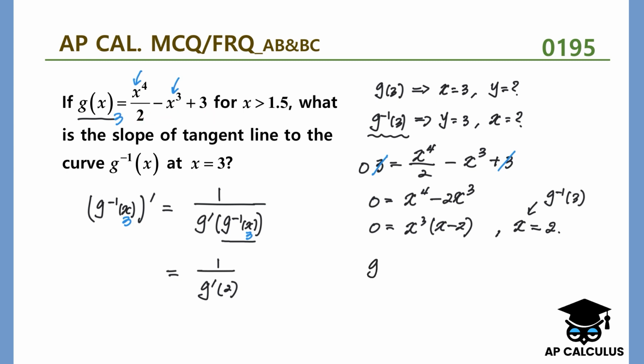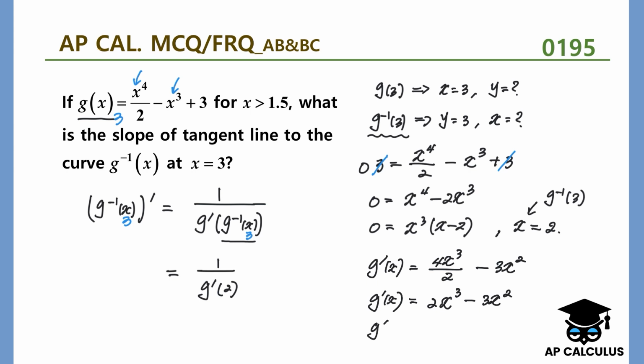Then g prime of x is equal to 4x cubed over 2 minus 3x squared. And the derivative of 3 is equal to 0, so we don't have to write it, right? So that's 2x cubed minus 3x squared. That's g prime of x, right?